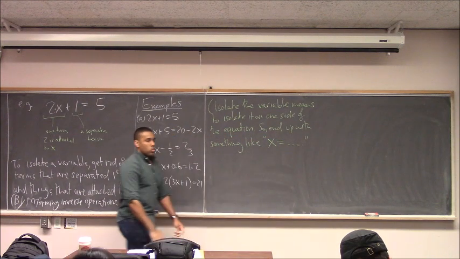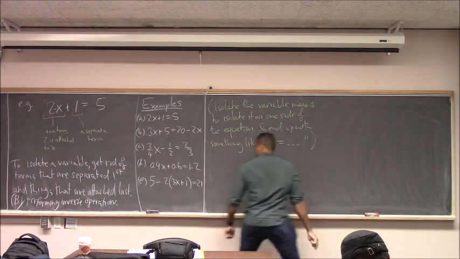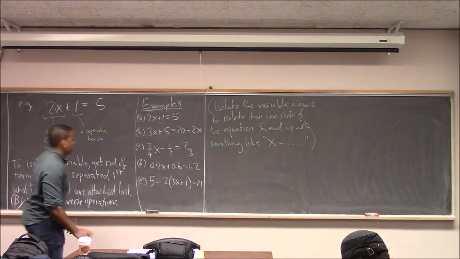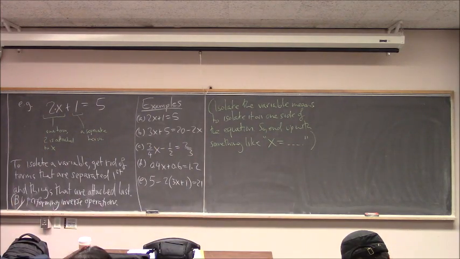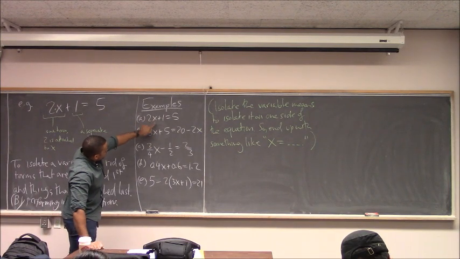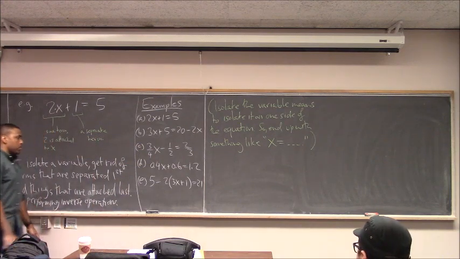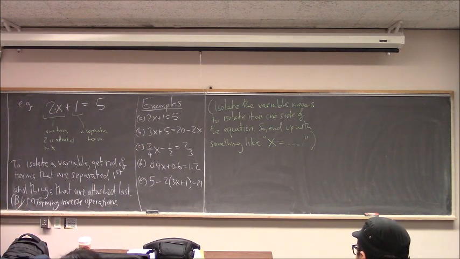Now that statement will be your solution, quote unquote. Okay, so isolate the variable, meaning the guy that's not obviously a real number, it's just a letter here. We want to isolate him, get him on one side of the equation by himself. What we're going to do is use inverse operations to isolate it, and we will do that by taking advantage of properties 1, 2, and 3 as said before.